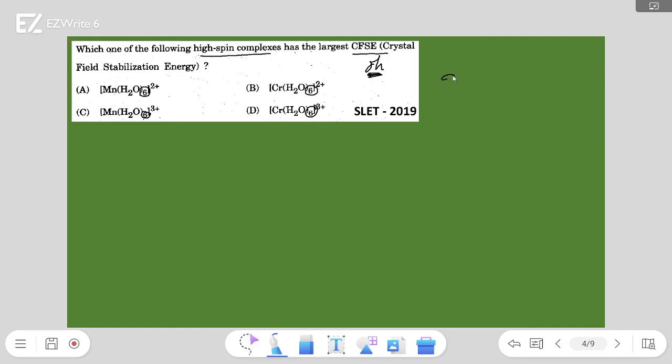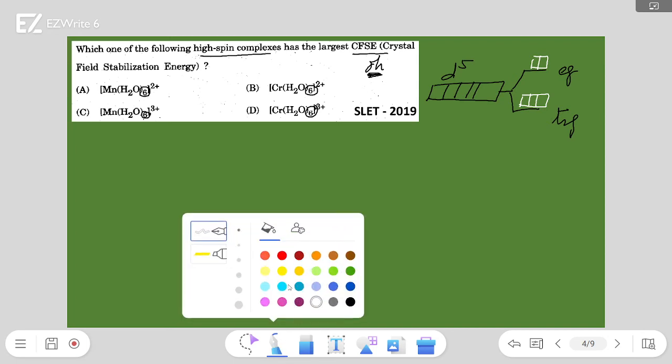And you very well know that the d orbitals get split into two different groups, t2g and eg, where t2g has 3 orbitals and eg has 2 orbitals.